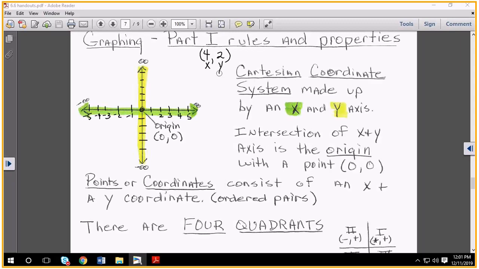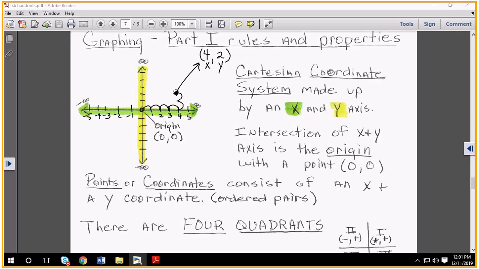So I count 4 in the x position, 1, 2, 3, 4, and 2 in the y position, and that point is 4, 2.